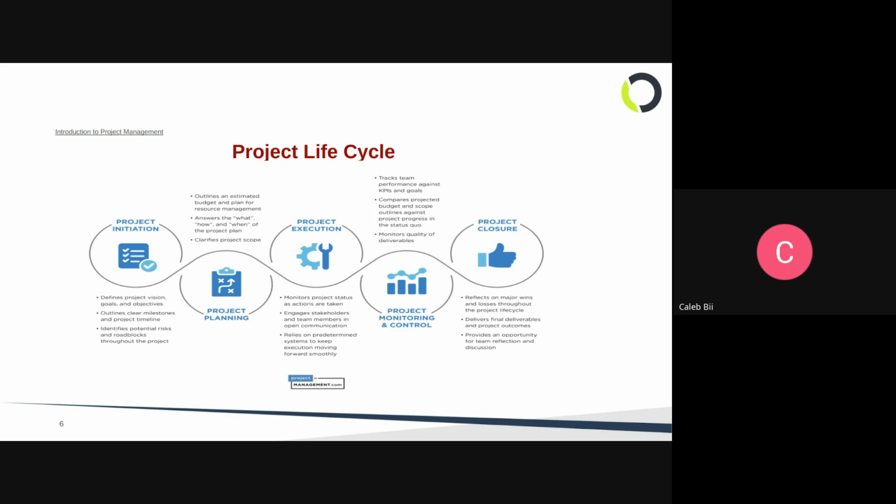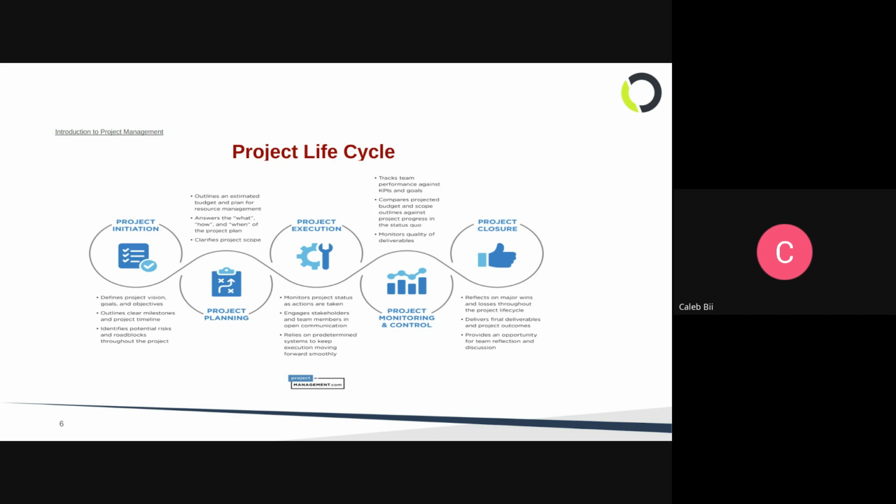In this specific phase, the actual work happens. If you're having a team, you will give them tasks. They will actualize the tasks, and they'll have a certain plan to follow through. Remember, during the project planning phase, we created a plan. That plan is what is followed when the execution phase comes into play.